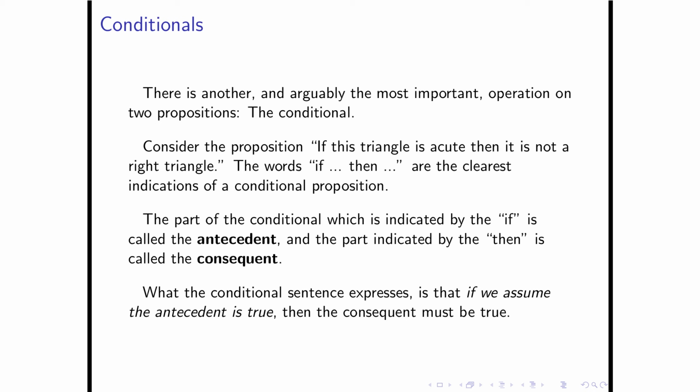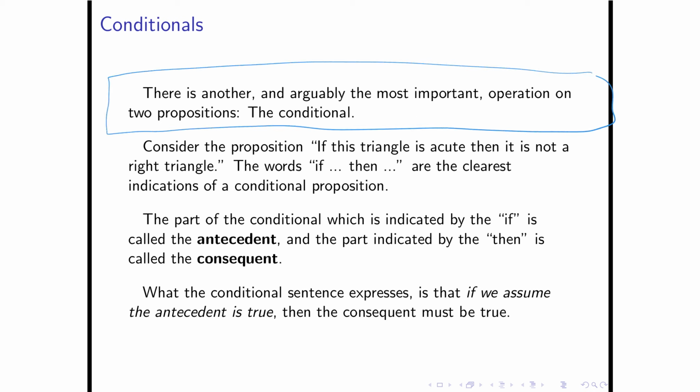Now, to begin, this is yet another binary operation to construct propositions. We saw the conjunction, the inclusive disjunction, and the exclusive disjunction. They were all binary operations that construct a new proposition from two existing propositions.